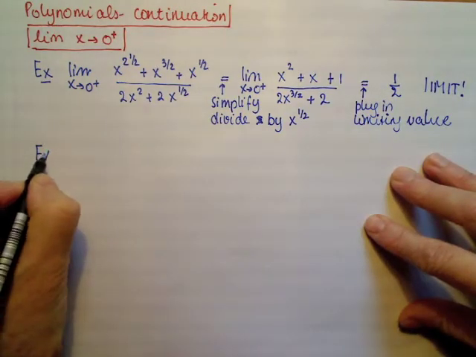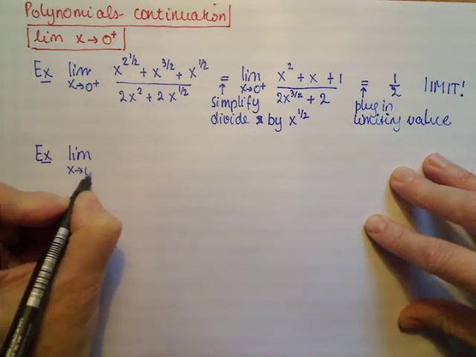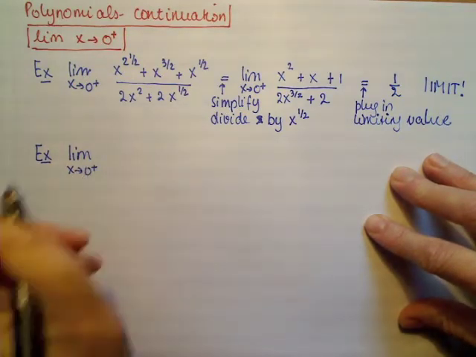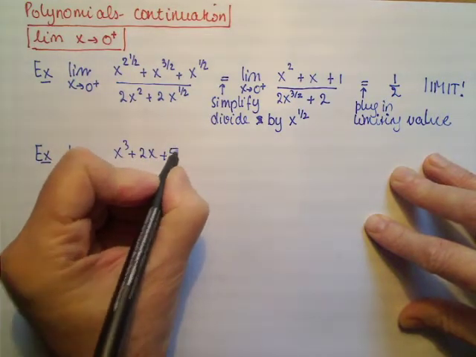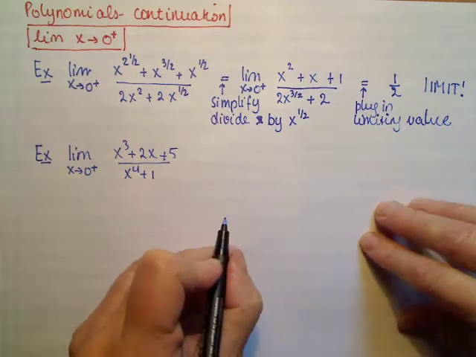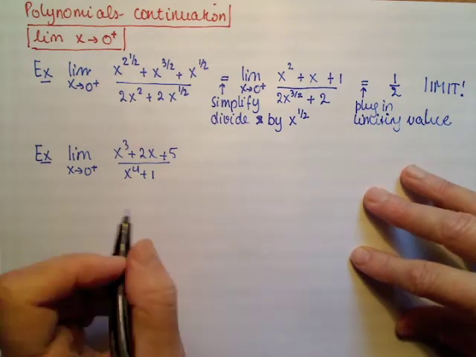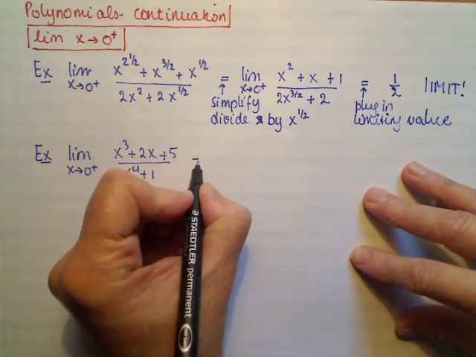The second example is similar, but we now take another function. We take x to the power 3 plus 2x plus 5 divided by x to the power 4 plus 1. Now here we have no common powers of x that we can cancel, so we leave it like that.